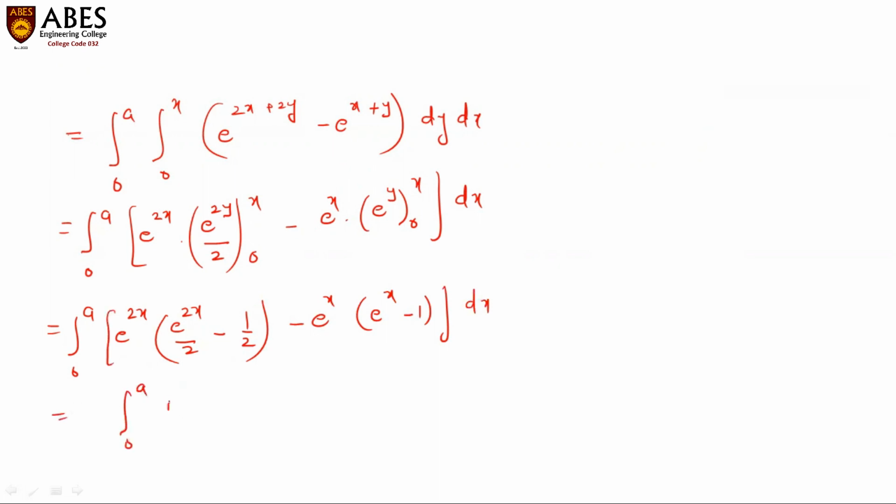Limit 0 to a, 1 by 2 e to the power 4x minus 1 by 2 e to the power 2x minus e to the power 2x plus e to the power x. Now we will integrate with respect to x. What will we get? 1 by 2, e to the power 4x by 4.